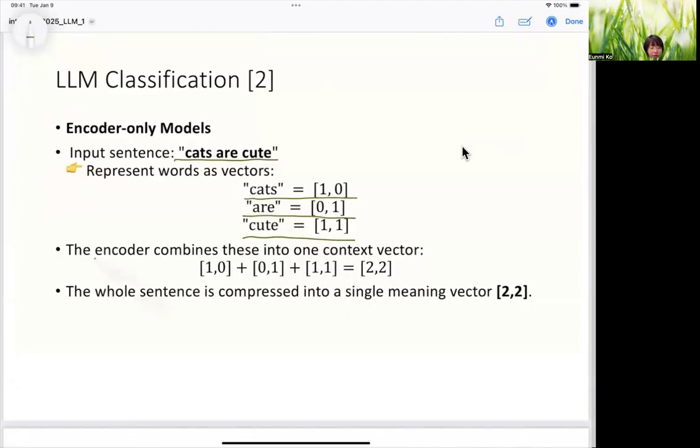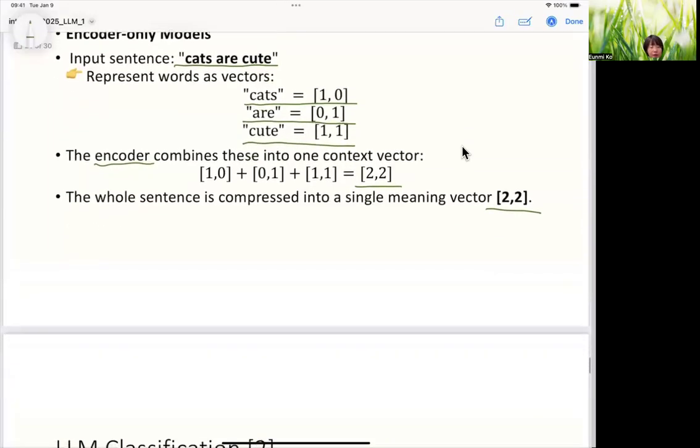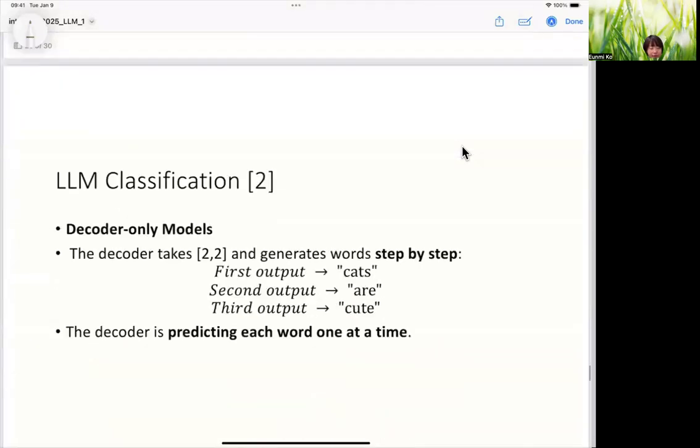Then the encoder model combines these three vectors into one context vector, 2 and 2. Then the whole sentence is compressed into a single meaning vector, 2 and 2. It's a really simplified process, but it's the idea. So that's the encoder-only model process.